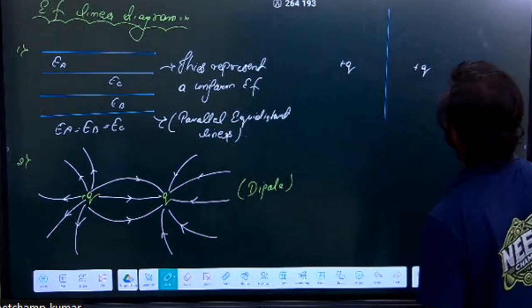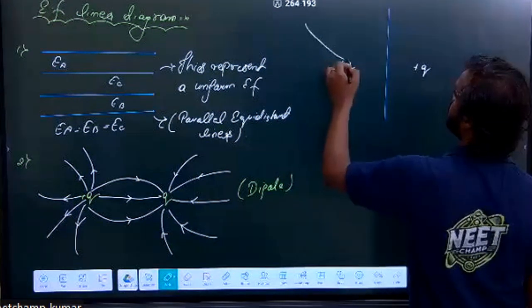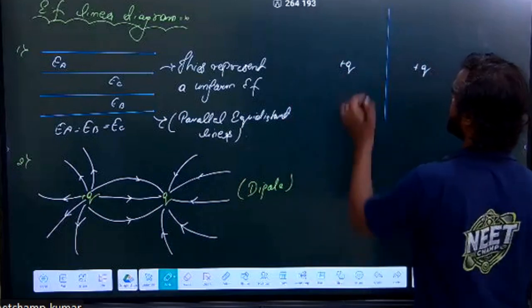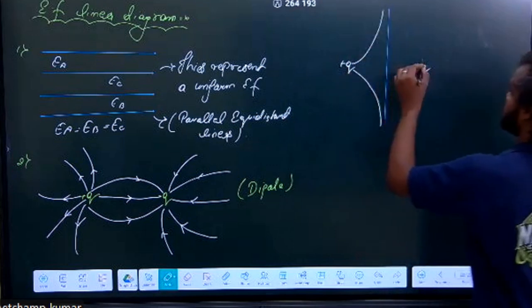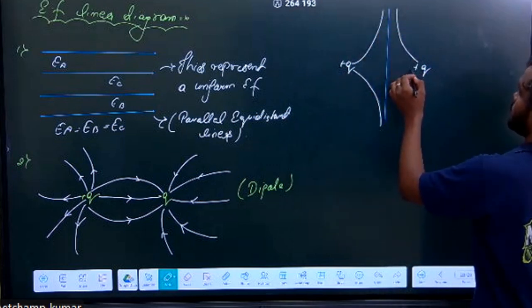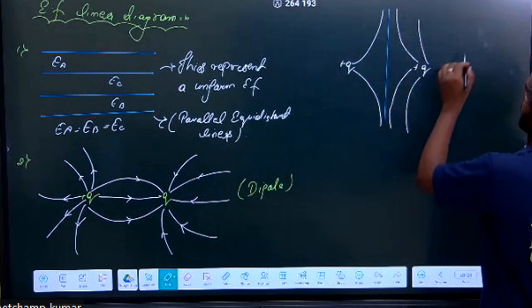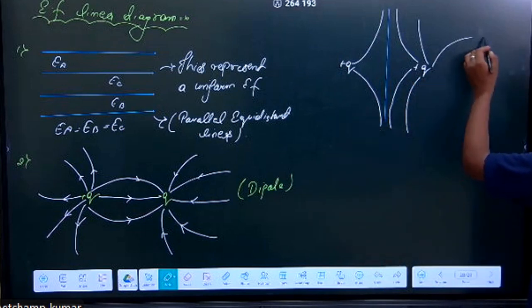If you draw, see, for a positive charge we know that the electric field lines originate from the positive charge and go to infinity, right? We know this. So it will be something like this, because they are positive charges, so they will repel each other, right? It will be something like this.